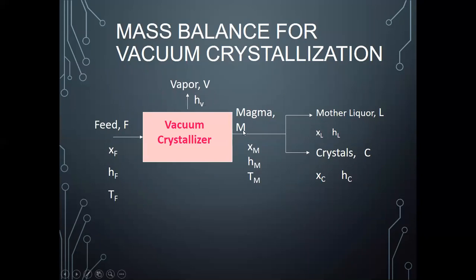For the magma, we have it represented as capital M. Correspondingly, these are how we represent its concentration, its enthalpy, and its temperature. The mother liquor is L and the crystal is C. They both also have the XL and the XC, the concentration in terms of the solid content, and the enthalpies. You need to understand the representation of the properties and the variables for this, because in the next problems you will be using some of this.